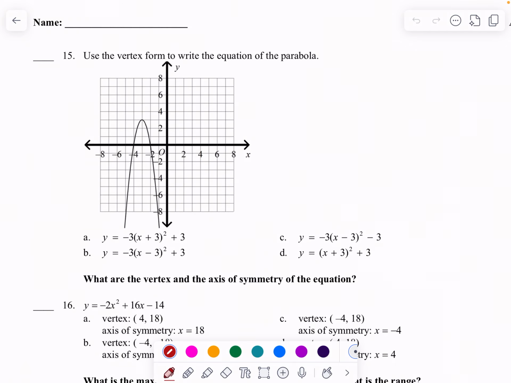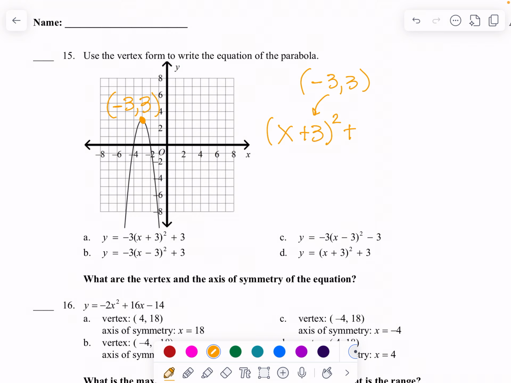Okay, use the vertex form to write the equation of the parabola. Okay, so this is how I would write the equation of the parabola. I can see that that point right there is negative 3, 3. So if I had the vertex negative 3, 3, when I put that into the parabola, it's going to be x plus 3. Remember how it's opposite, squared, and then plus 3.